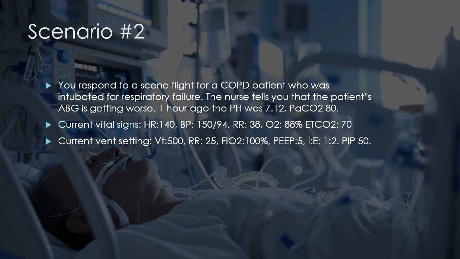I want you guys to take a second, pause it, think about what's going on. I know there's some things that haven't been given to you as far as meds, but just look at the vent settings, look at their vital signs, the brief ABG that you got, and critically think about what changes you would make.